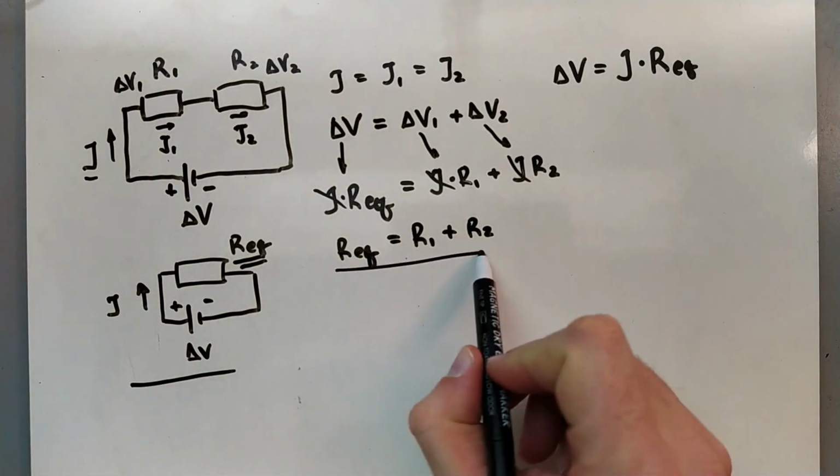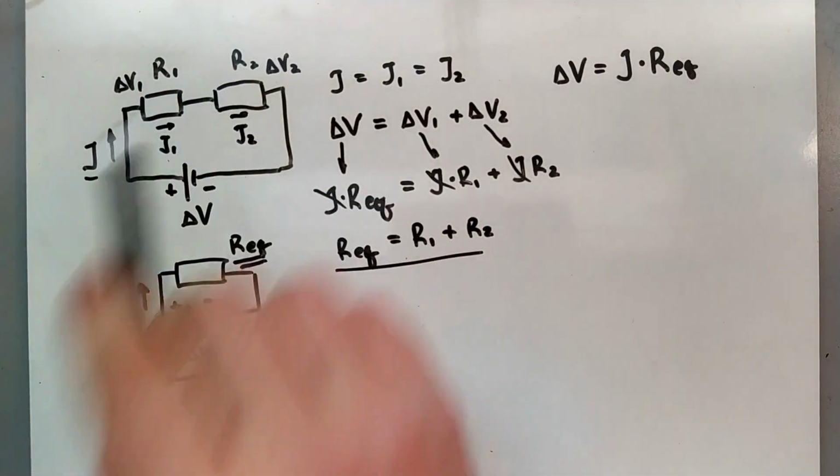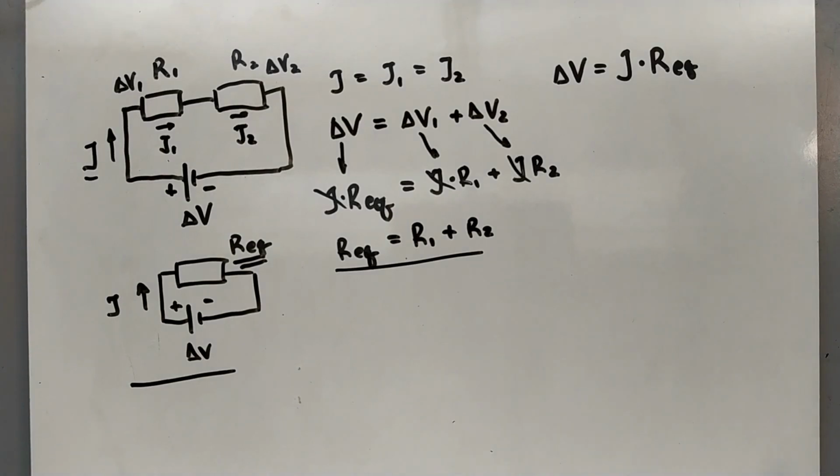So that is the expression for equivalent resistor, which can substitute these two resistors R1 and R2 when they are connected in series. So we just have shown here that if we have series connection of resistance, the total, equivalent resistance, will be equal to the sum of all these resistors.